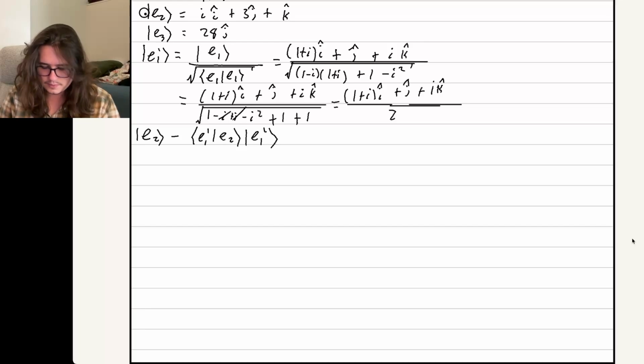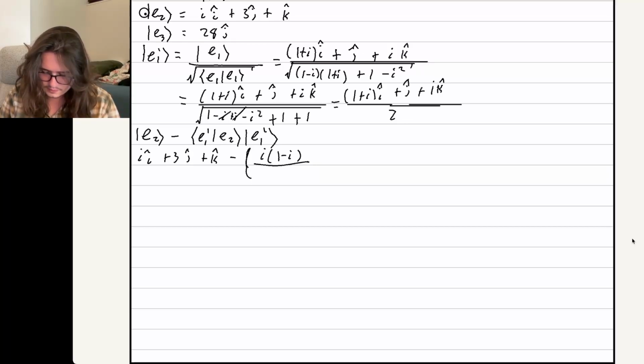So we have that e2 was i-hat plus 3j-hat plus k-hat, and then this square here is going to be pretty big. It's going to be i times 1 minus i, and that's over 2.